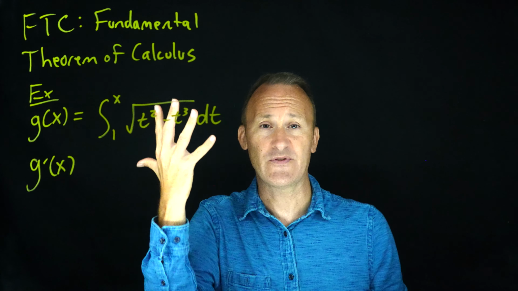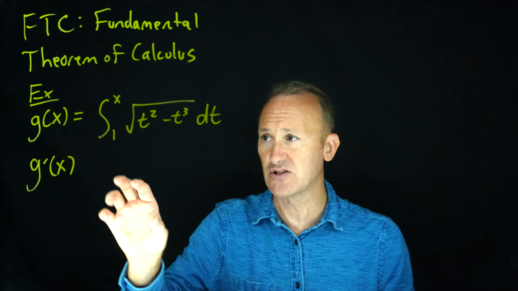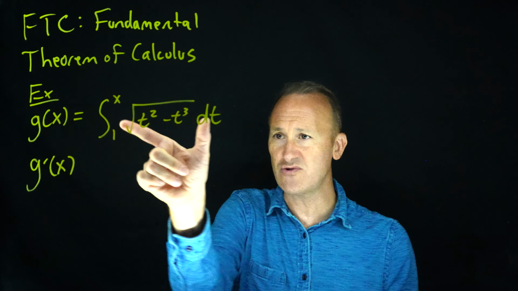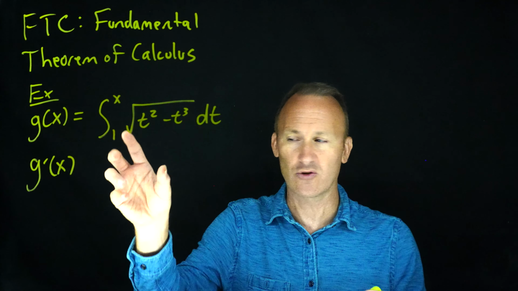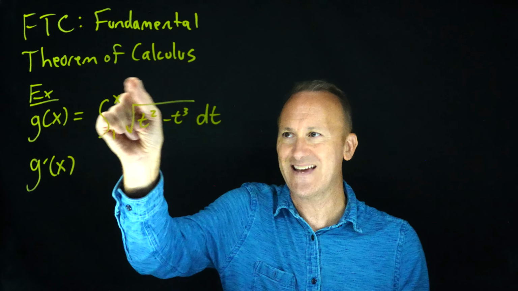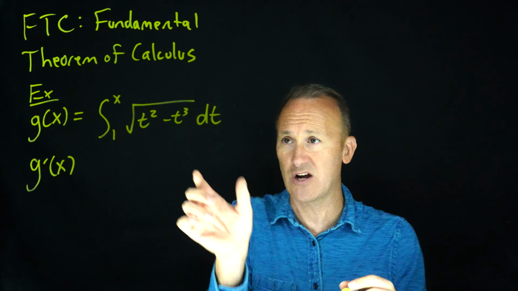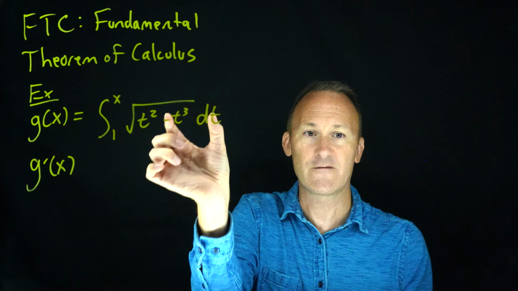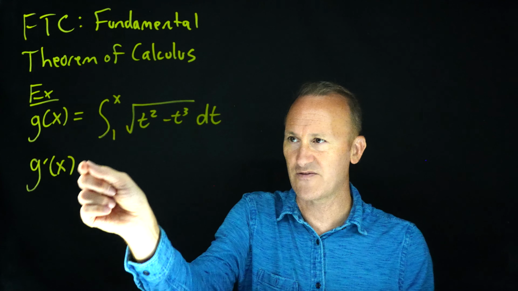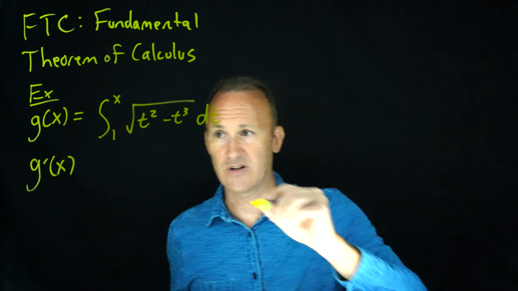The fact that the derivative and integrals are inverses of each other implies that when you take the derivative of an integral, the prime, the derivative, and the integral part cancel each other out, and you're simply left with this function. Because it is a function of x, that's what it is.